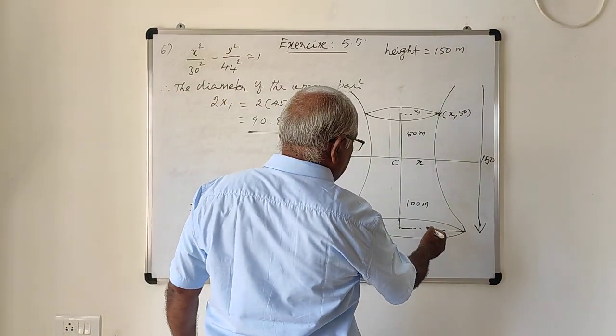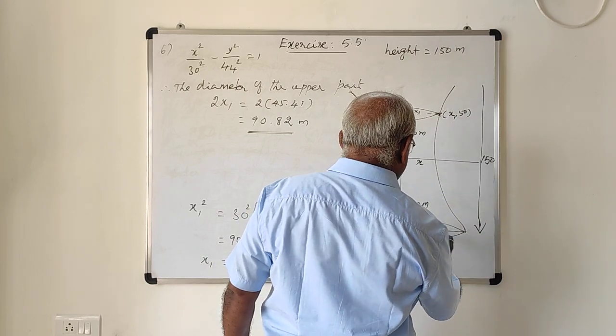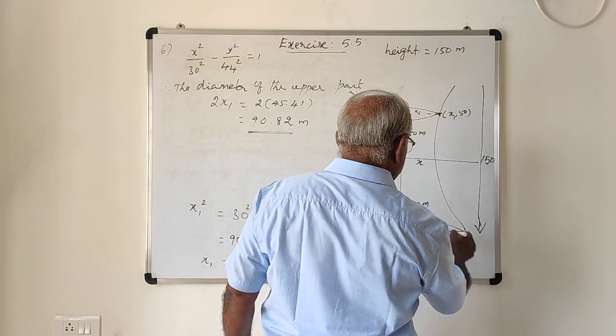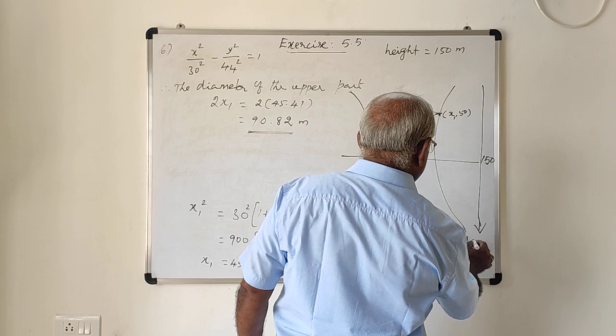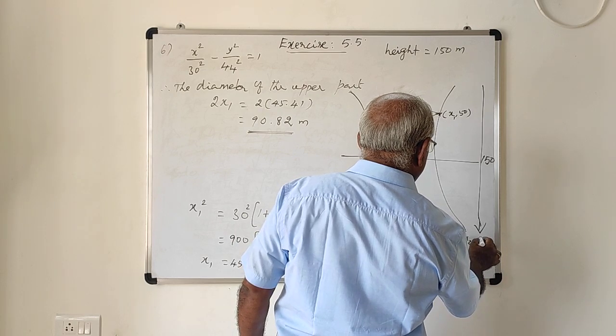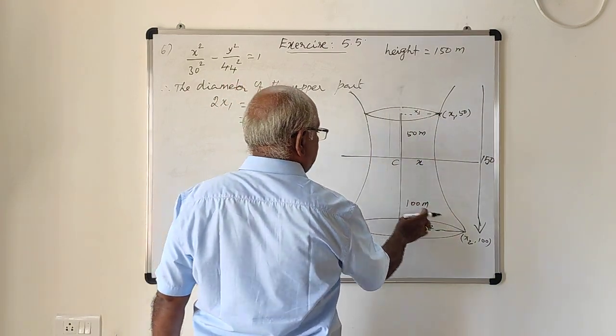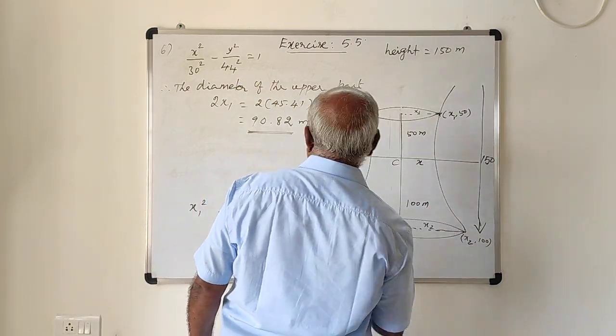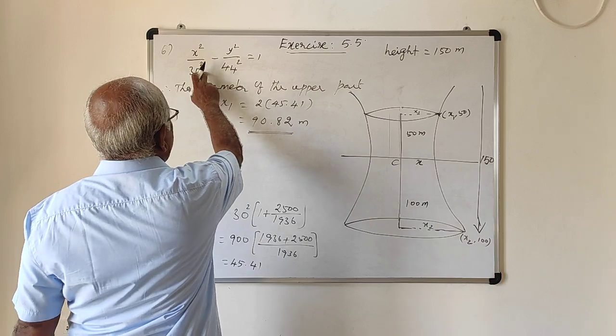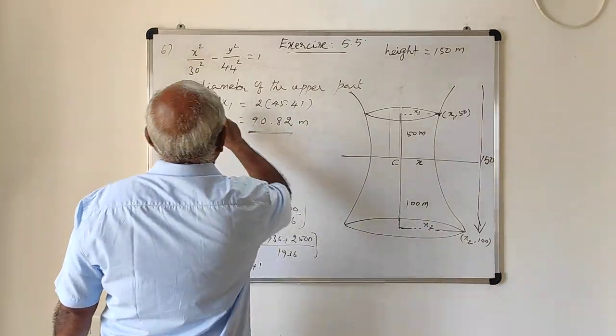You consider the total distance 100 by x2; the point x2, 100 is a point on the hyperbola. In the place of this, we will consider the same equation.